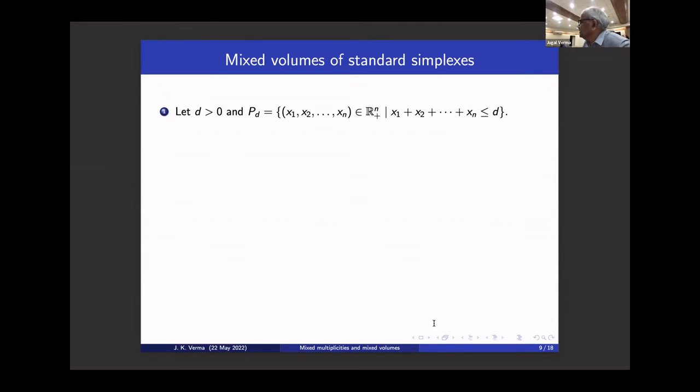Minkowski was using these things in number theory. If the volume exceeds a certain number, it gives rise to a rational point. For example, he gave a very simple proof of Lagrange's four-square theorem using convex geometry, which is just a few lines.